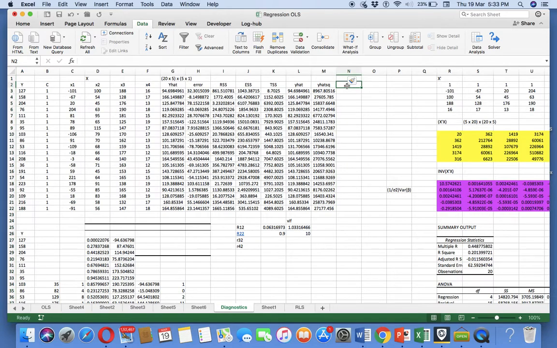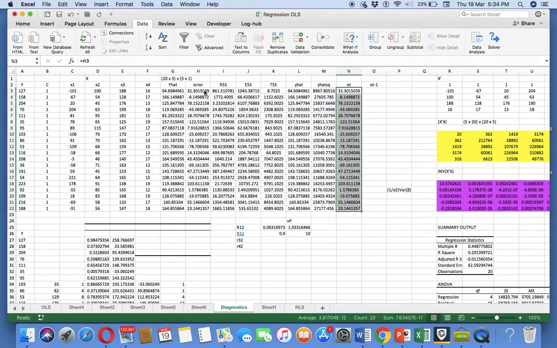So I will write ET, which is the error, and here I will have ET minus 1. The error term is here, and I will drag this down. So I've got all the error terms, the same as what we defined here.